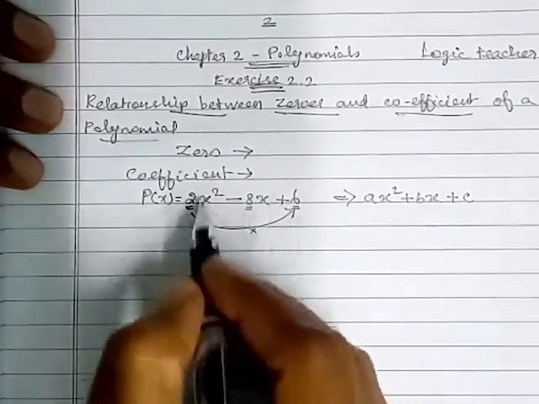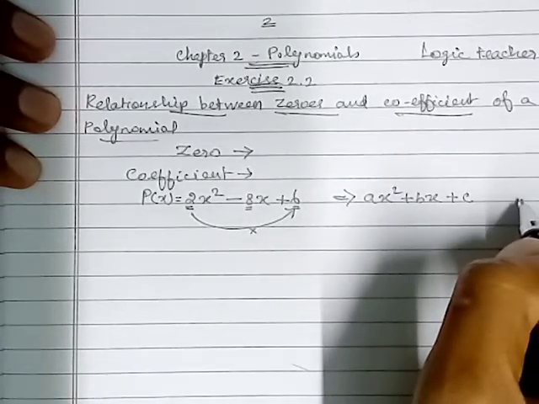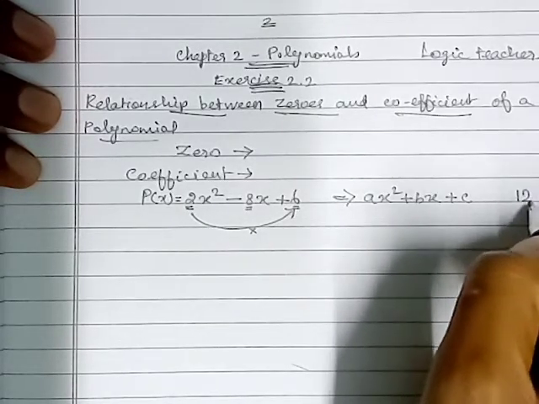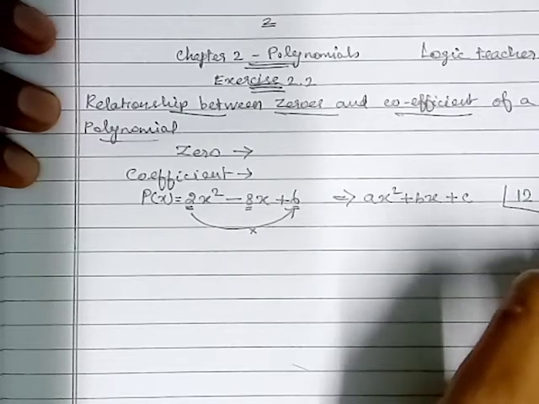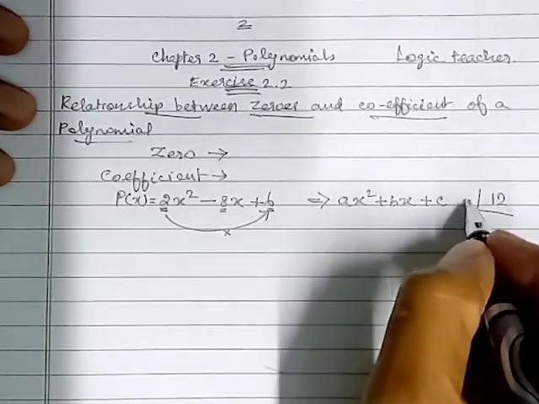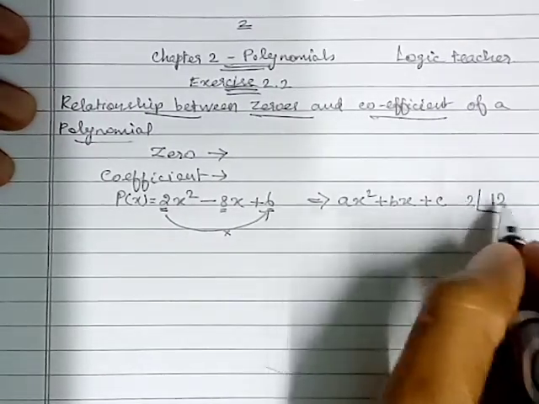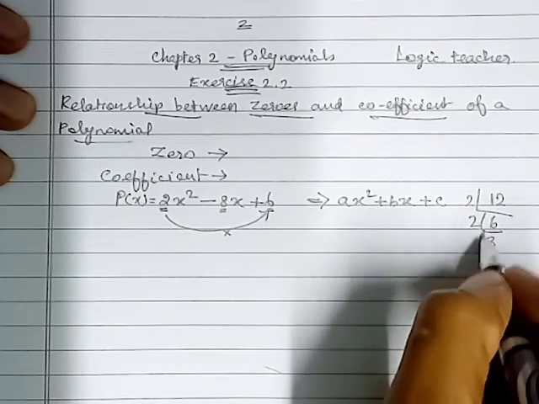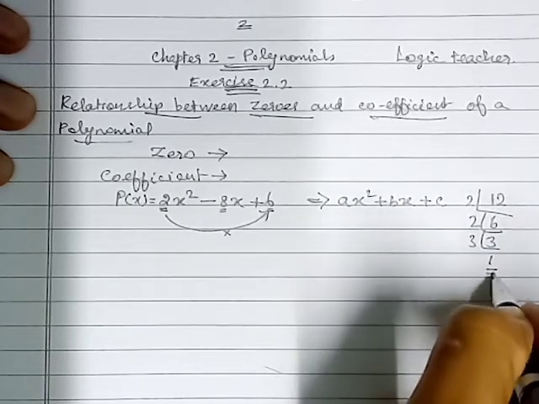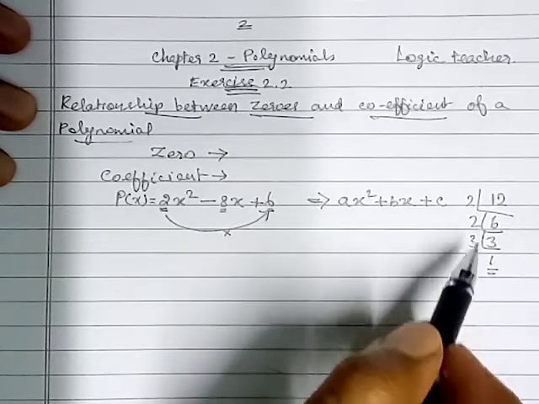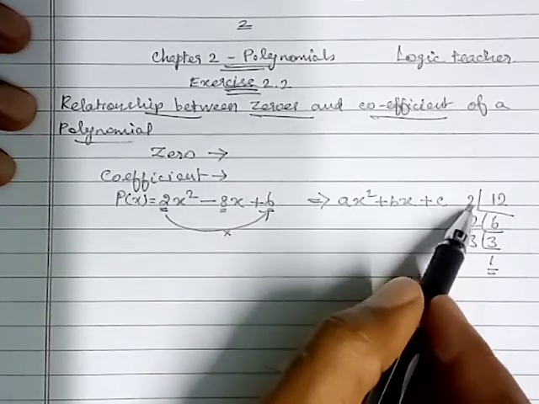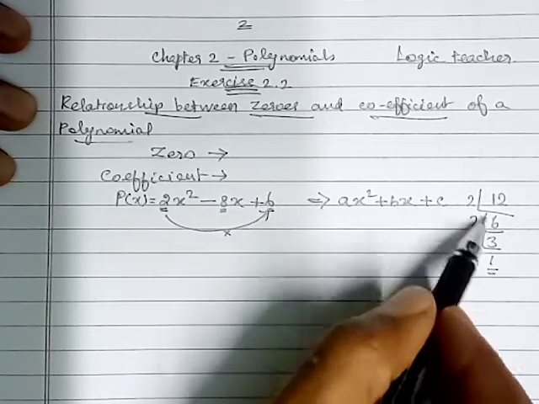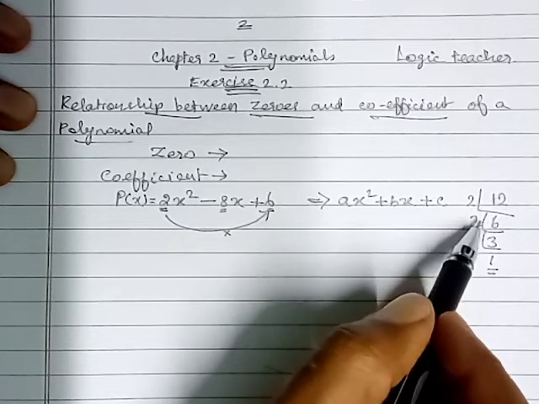We'll check that. For that we have to factorize 12. Prime factorization, that is 2, 6, 2, 3, 3, 1, right? Now you just take any two of the prime factors and multiply.